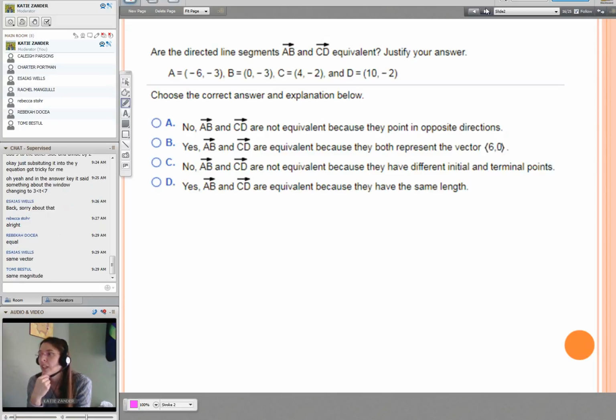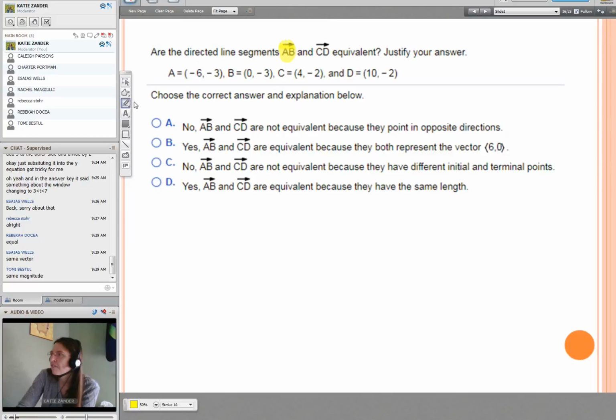Yeah, same vector. So if two things are equivalent, same vector, same magnitude, right? So essentially what we're going to do is put these into component form. So let's start with AB. Remember, you're doing head minus tail, HMT, right? Yeah, head minus tail rule.